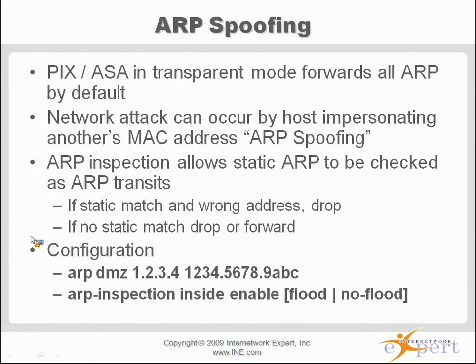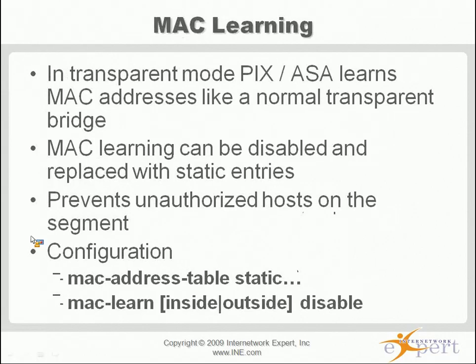In addition to the ARP spoofing and ARP inspection, you can also configure static MAC entries for where items are, as well as having the MAC learning enabled or disabled for particular interfaces. If you want to prevent unauthorized hosts, you can just get into static entries as far as where those hosts should be or shouldn't be.